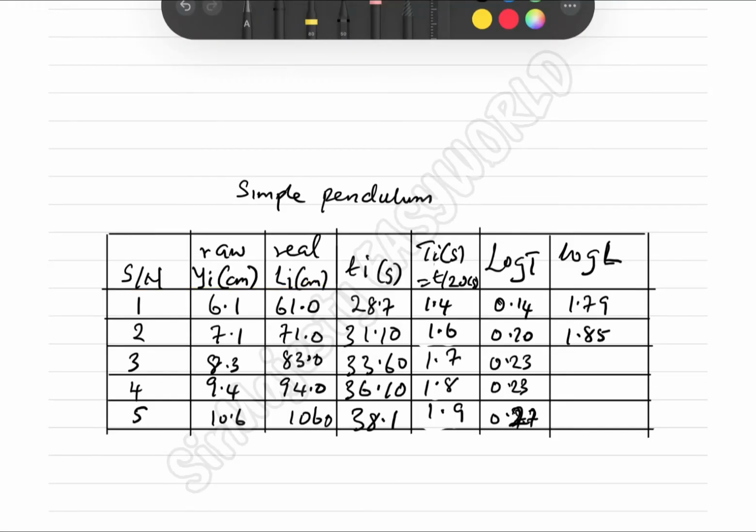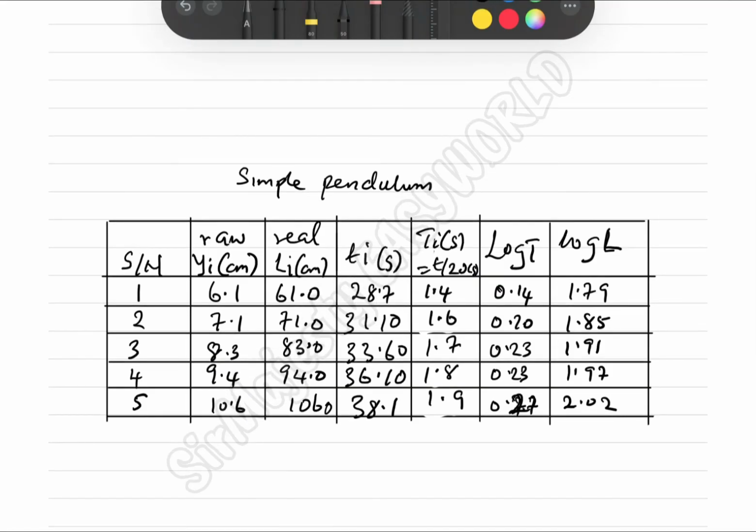The other ones should be 1.91, 1.97, and then 2.02. So the next thing is to look at what the question requires you to do again.